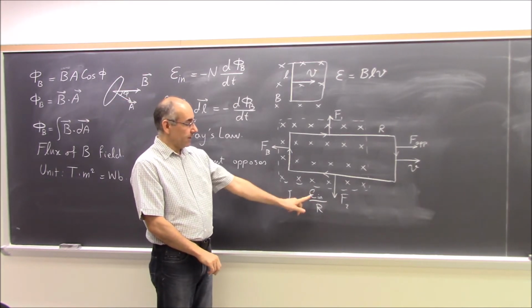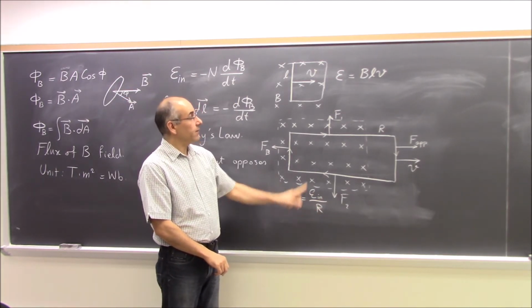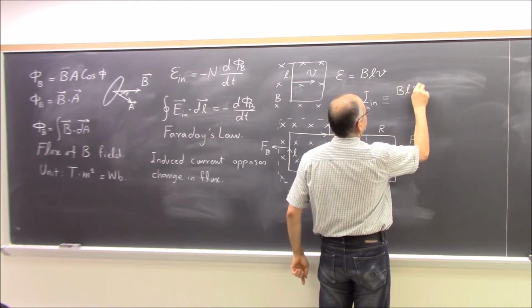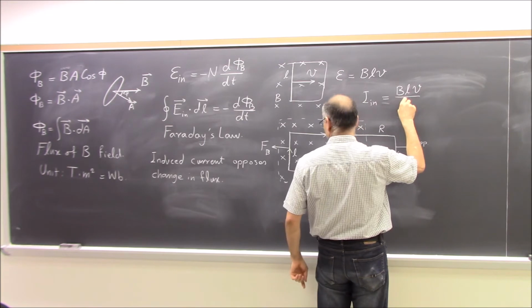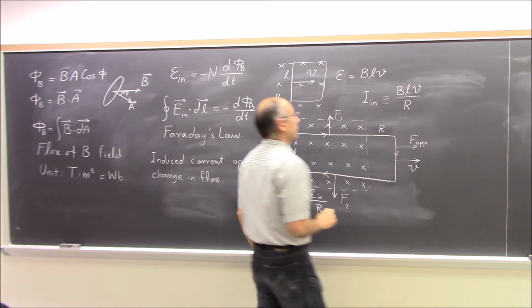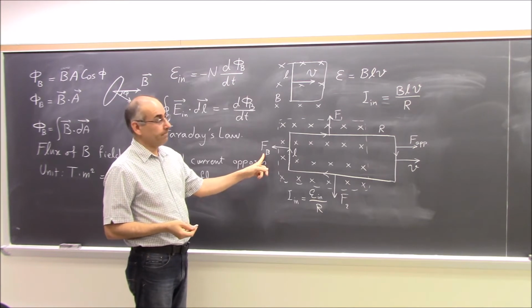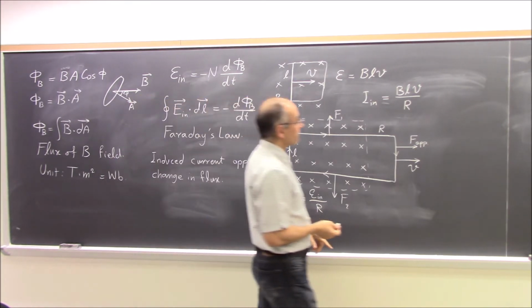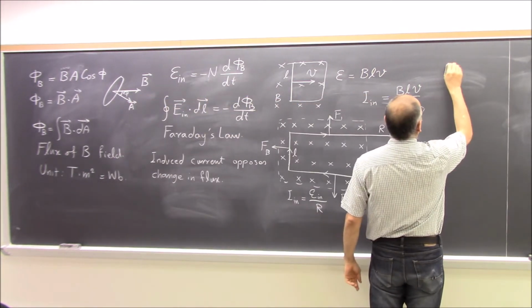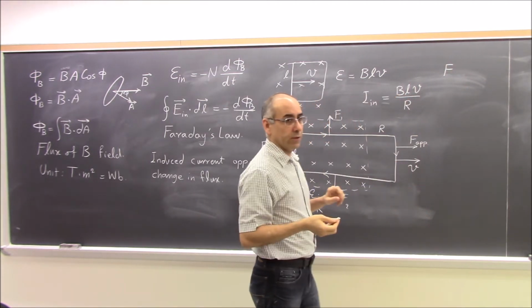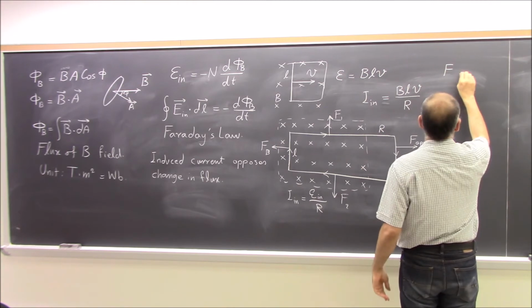I is the induced EMF divided by R. What is the induced EMF? BLV over R. This is the current. And then the force is what? The force that you apply, or the force of the magnetic field, either one, they are the same magnitude. How much are they?